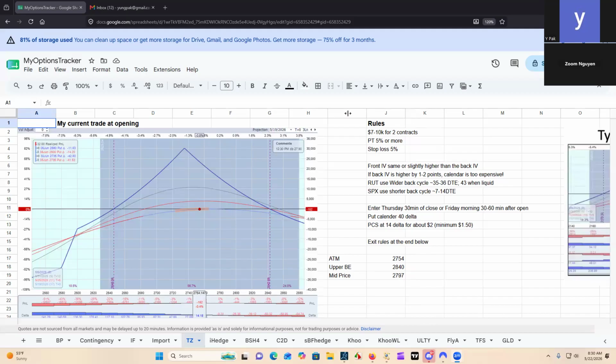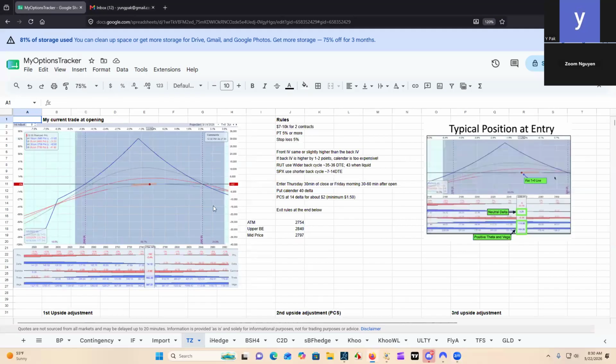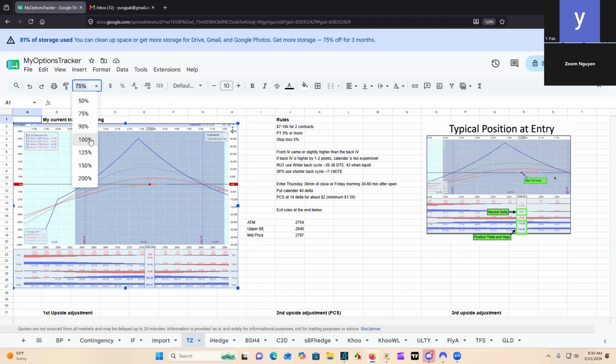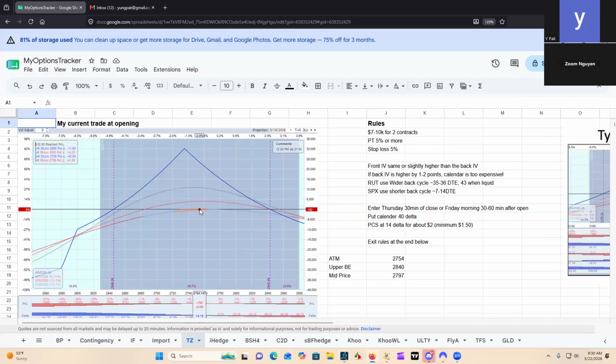So this is the trading plan. I usually take a snapshot of my current trade when I first put it on. Let me zoom back in. So this was last week's trade I put on.